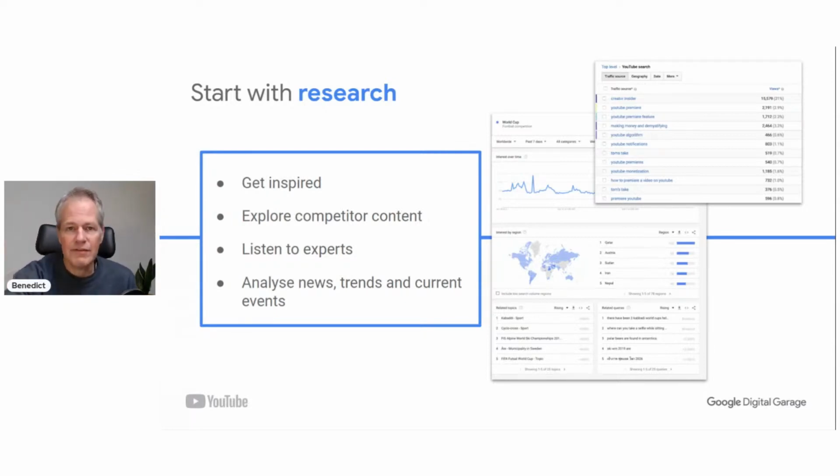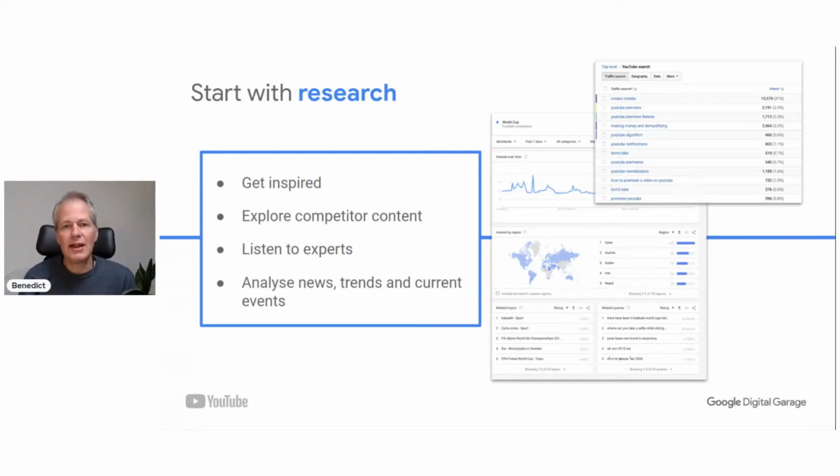Now, if you already have a channel, YouTube search traffic will actually allow you to see what searches direct viewers to your content. Okay, this can give you insights on things like titling, which is very, very important. Often it comes out as a keyword, popular formats, and audience familiarity with your name or brand.